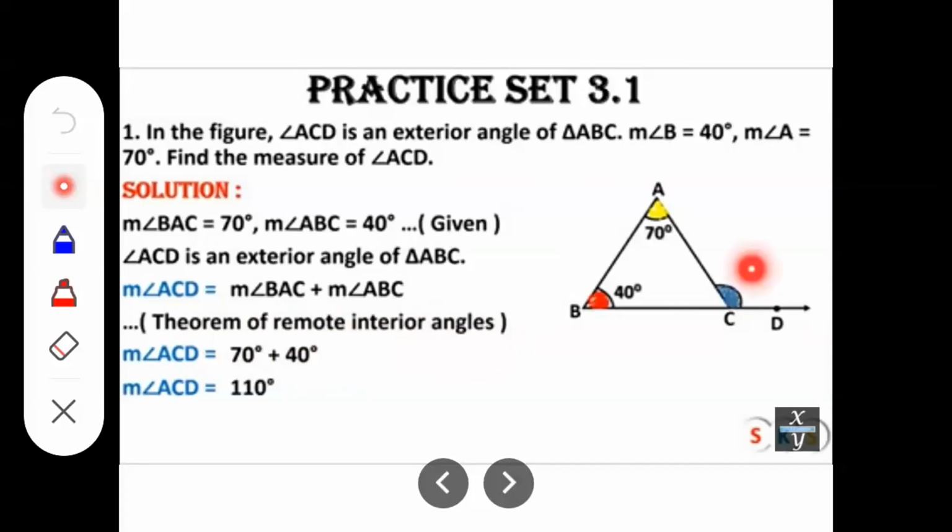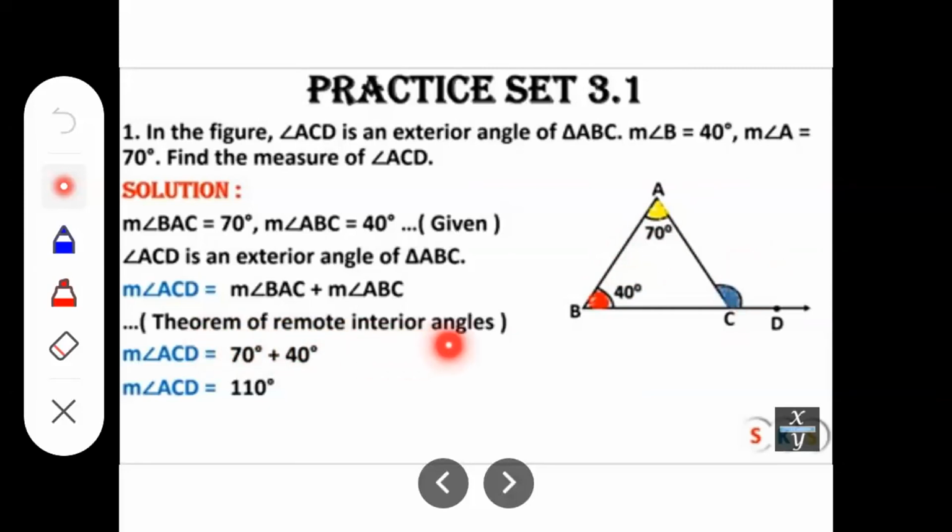Means this exterior angle is equal to the total of which two angles? Those two angles. The total of measurement of those two angles is equal to this angle, that is the remote interior angle theorem.